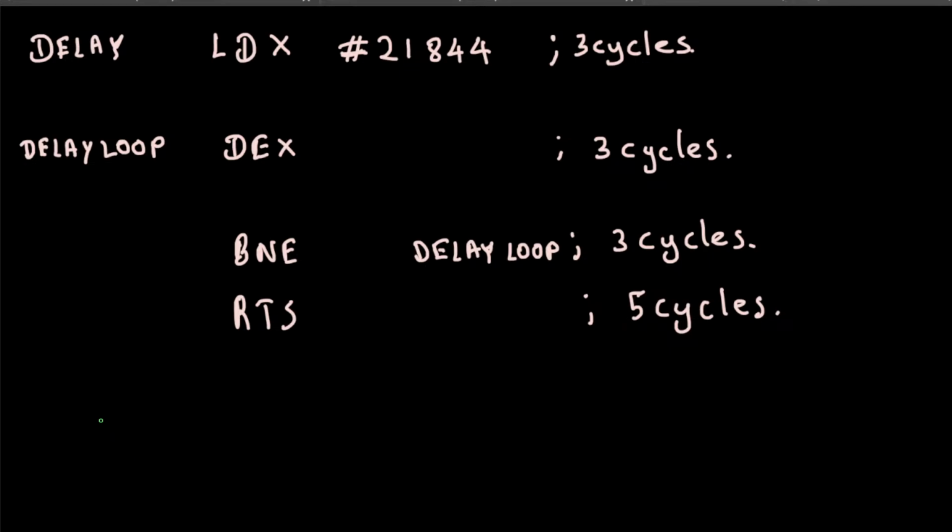So 5 plus 3, 5 plus 3, then plus 21,844 times 3 plus 3 should give us this number back. If you don't get it, we have to do some adjustment. Let me put it in the calculator and make sure it's exactly giving that.